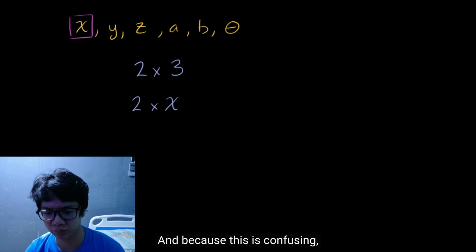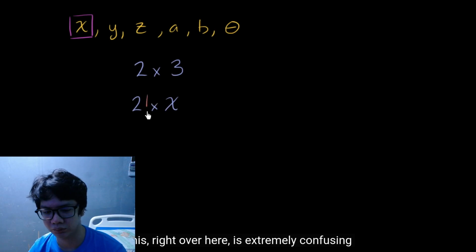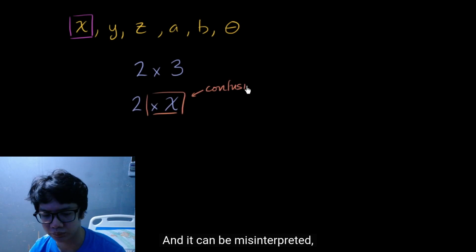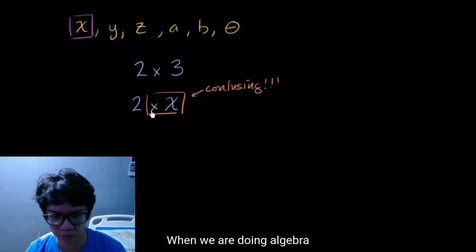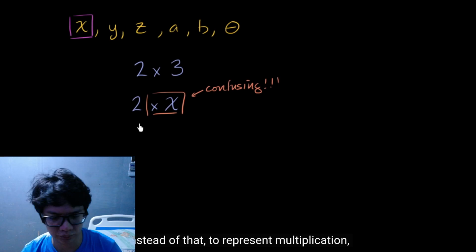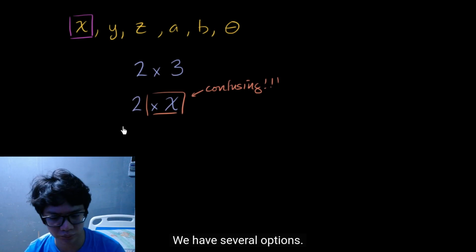Because this is extremely confusing and can be misinterpreted, we tend to not use this multiplication symbol when we are doing algebra. Instead, to represent multiplication, we have several options.